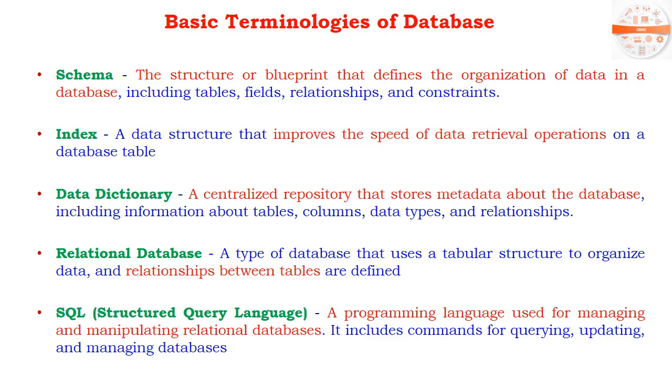It makes the relationships between tables defined. And the next one is Structured Query Language. It is a programming language used for managing and manipulating relational databases. It includes commands for querying, updating, and managing databases.